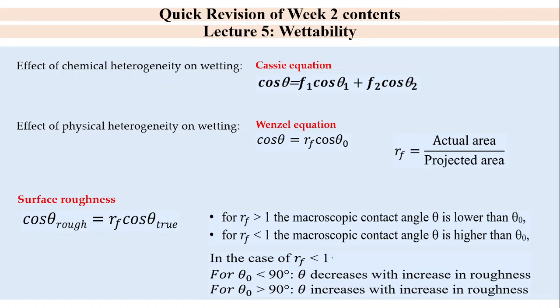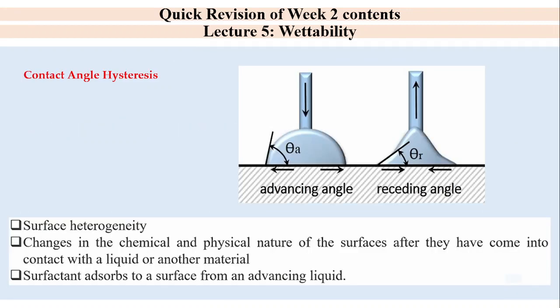So when theta naught is less than 90 degrees, theta decreases with an increase in roughness, and when theta naught is greater than 90 degrees, theta increases with an increase in roughness. In the same lecture, we also went through contact angle hysteresis, which says that the advancing angle is greater than the receding angle.